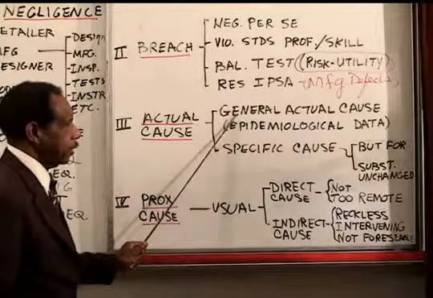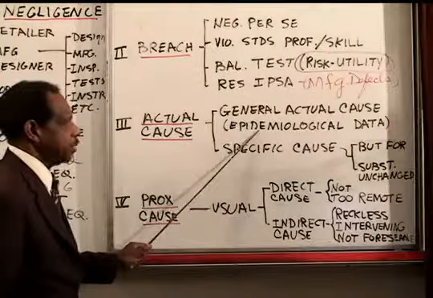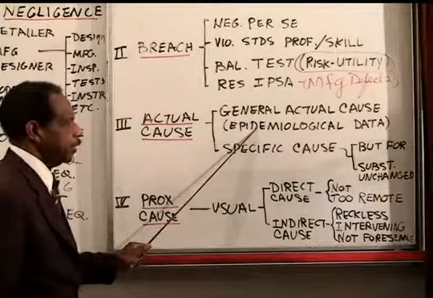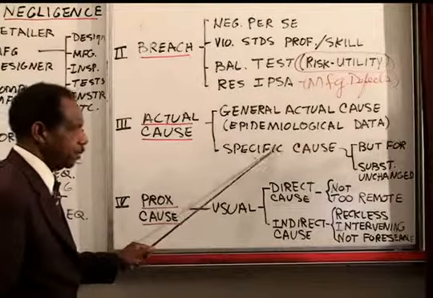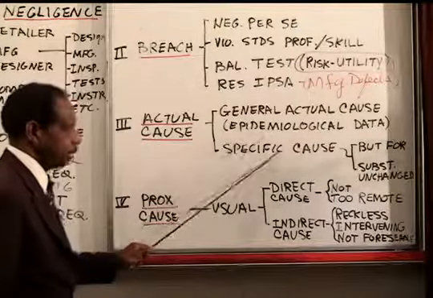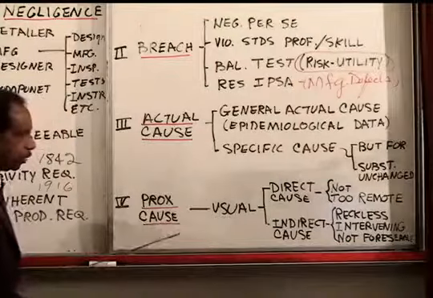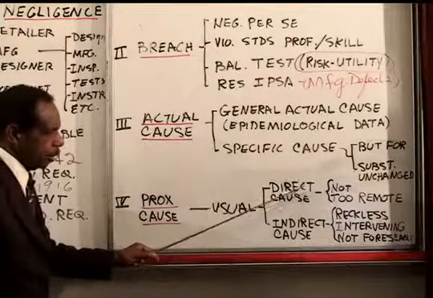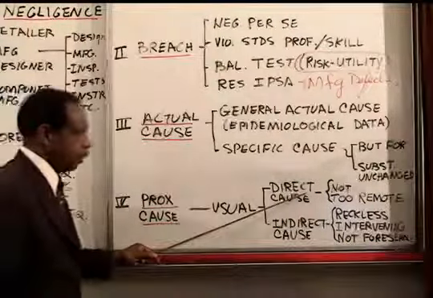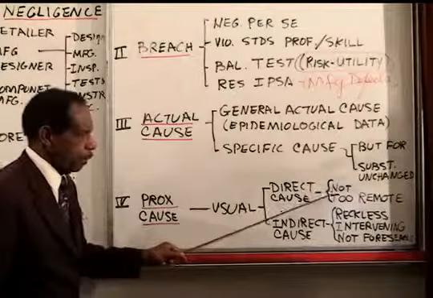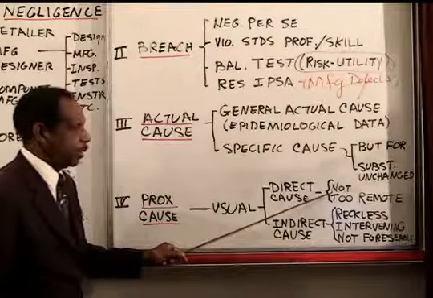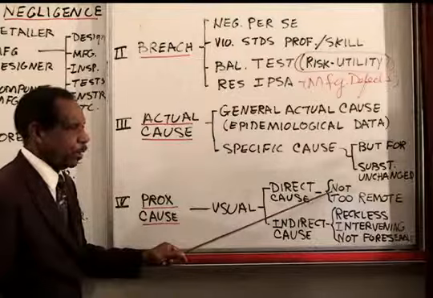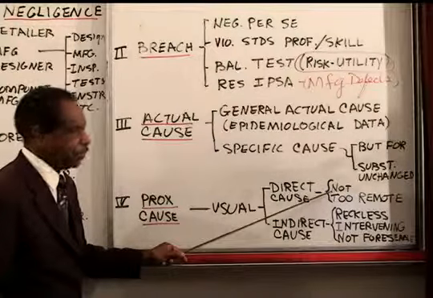Actual cause, the usual rules of actual causation. The main addition here is that in the cases of epidemiological data, if it's strong enough, you can infer specific cause. If it's not, you cannot. Proximate causation, direct: if the product is designed negligently or manufactured negligently, and someone is injured five steps away.